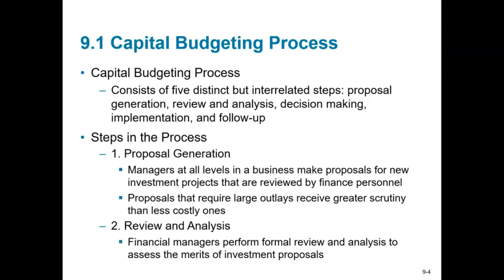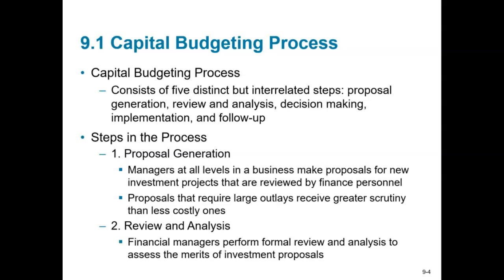The second step, once you know that you need to have a proposal for investment projects, is that these proposals need to be formally reviewed by the finance manager, assessing their merits in terms of whether they are going to add value to the shareholders' wealth.